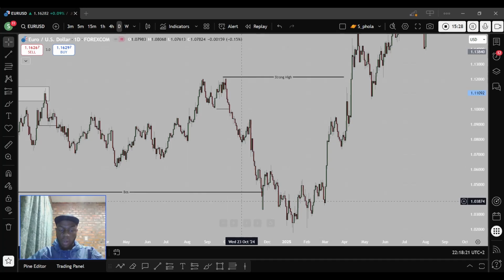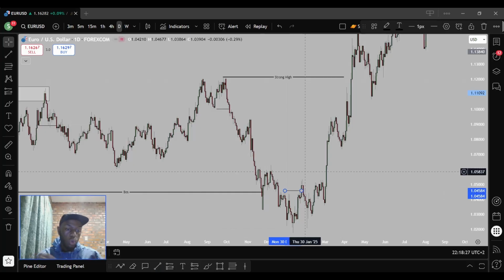Then after the break of structure, what did we get? We got our internal structure switching bullish to show facilitation of our pullback, right? So cool.